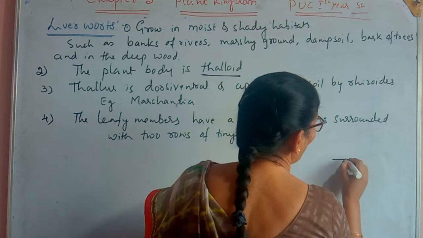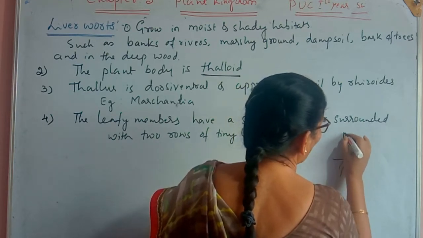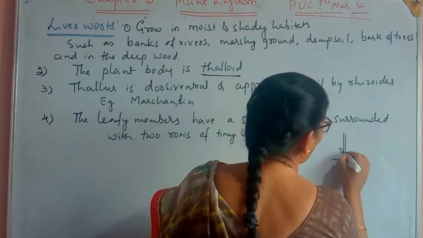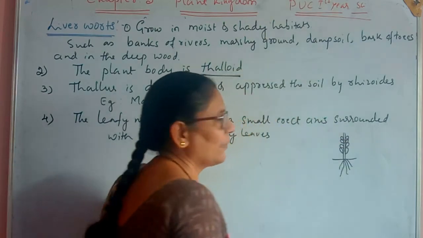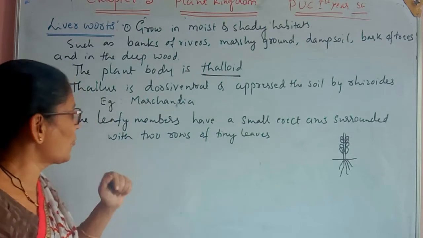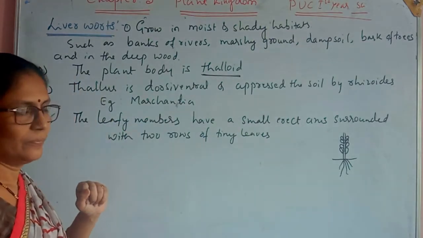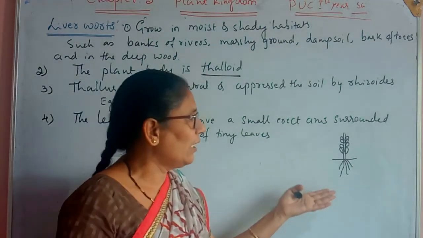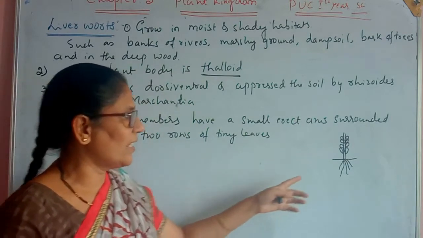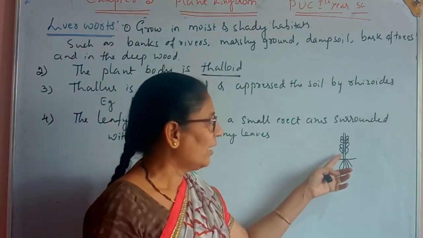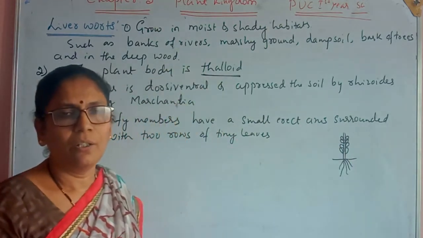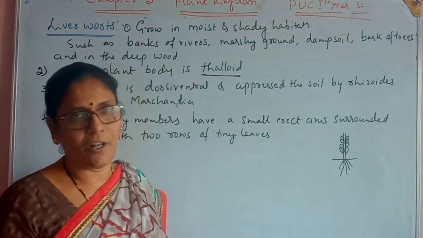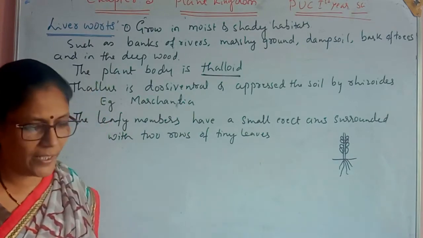So these are the rhizoids. This is the axis which is surrounded with tiny leaves. This is the structure of the leafy members. Here also these are the rhizoids, which are root-like, the stem-like structure and the leaf-like structures are called phylloids.